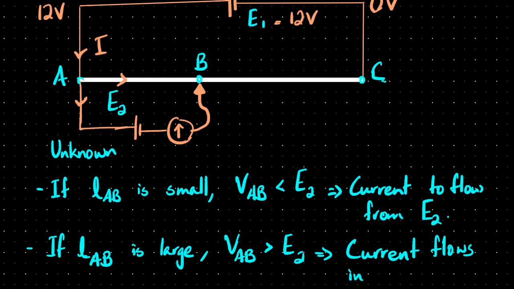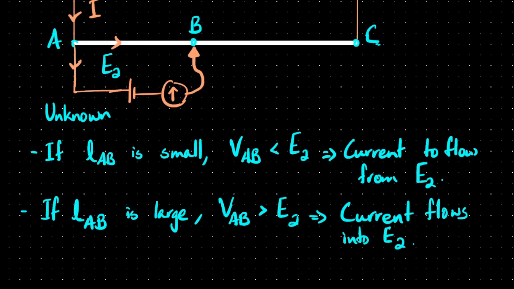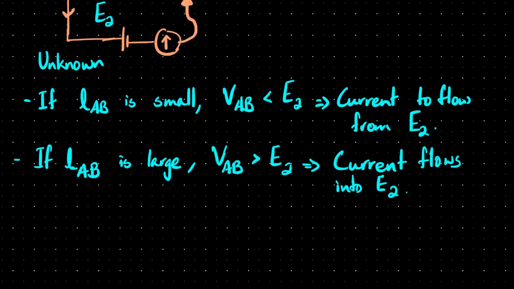So if at smaller lengths the current is flowing from E2, and at larger ones it's flowing into E2, then there must also be some sort of sweet spot in the middle where no current flows, and in that case the galvanometer would show no deflection.